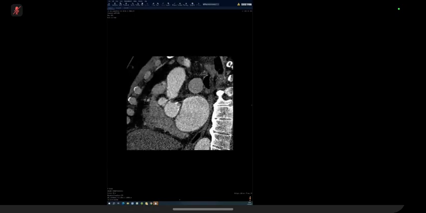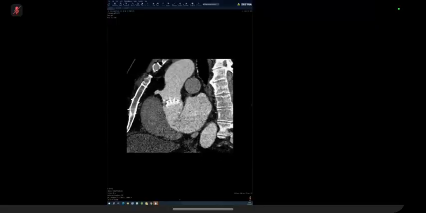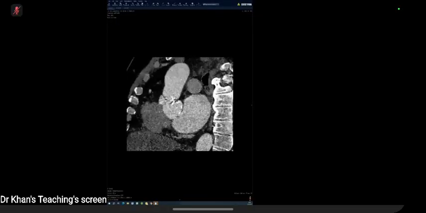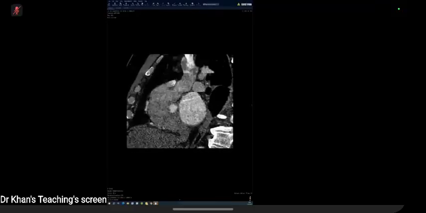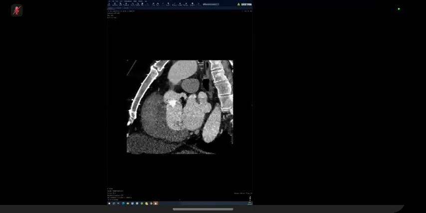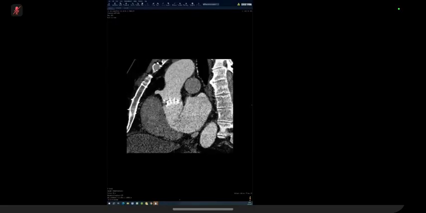Then there's this thing. There's an aneurysm arising from the proximal portion of the aorta. What is that called? A sinus of Valsalva aneurysm.